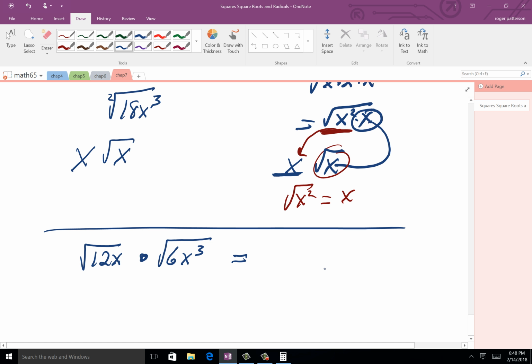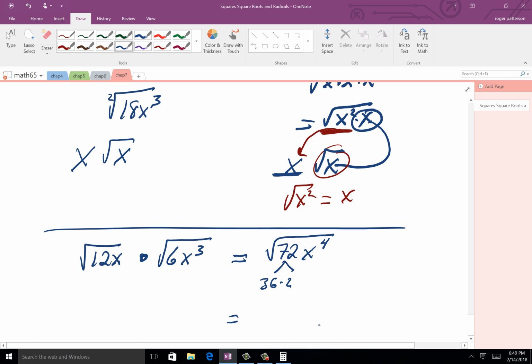So we're going to multiply the numbers first. 6 times 12, what does that give us? 72. Okay, x to what power? 4. All right, 72 I think we've done already. What's our number that goes into 72 that we can use? 36 and 2.